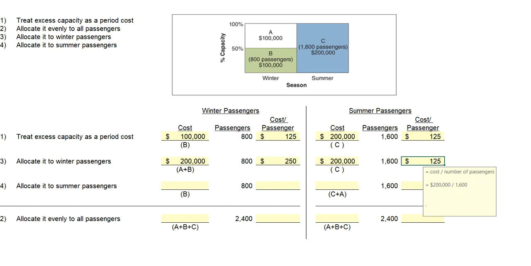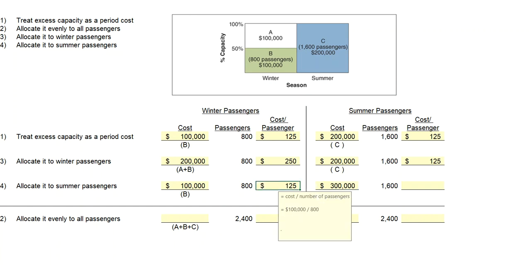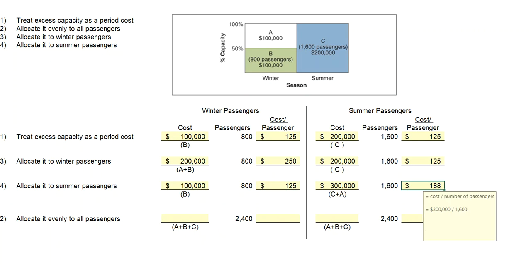Another alternative is to allocate that excess capacity to the cost of flying summer passengers. So we would have $100,000 allocated to winter passengers, $300,000 for summer passengers, that's the $200,000 in direct cost plus the $100,000 in excess capacity, giving us a cost per passenger of $125 for winter passengers and a cost of $188 per passenger for summer passengers.